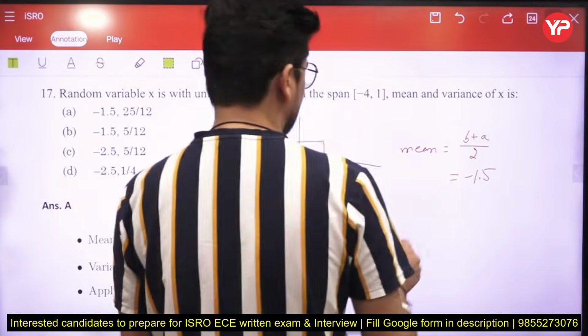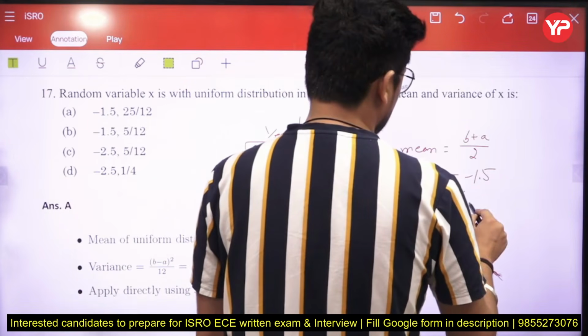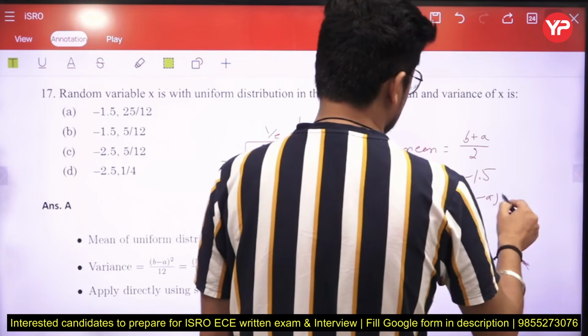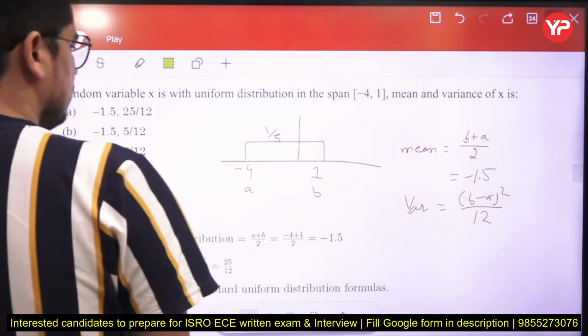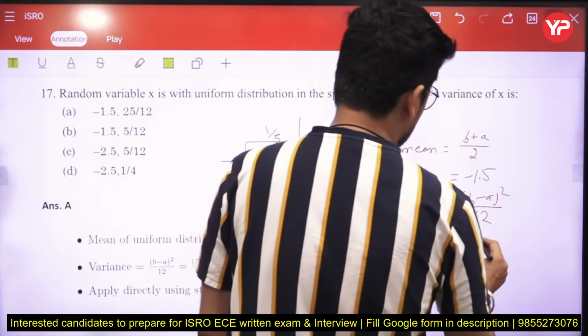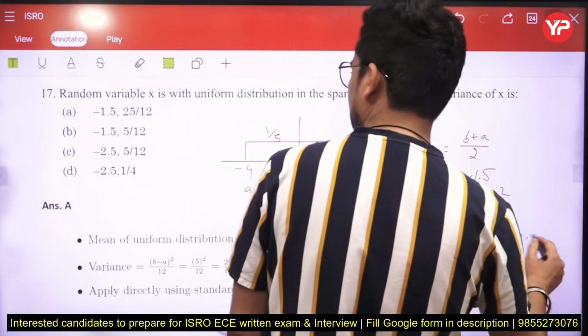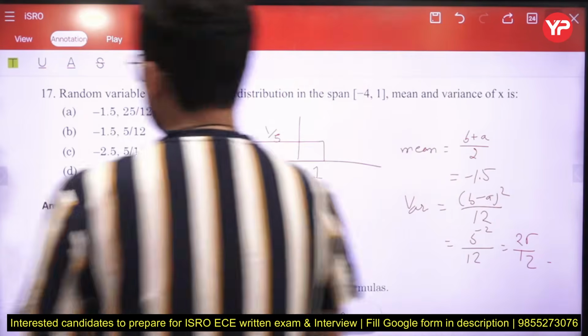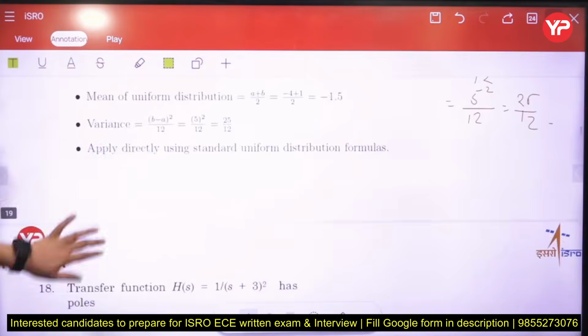And whenever you calculate the variance of a uniform random variable, the variance is (B minus A) whole square divided by 12. So that will be 5 square divided by 12, 25 by 12. So the answer will be A for this question, right? So these are directly formula based questions.